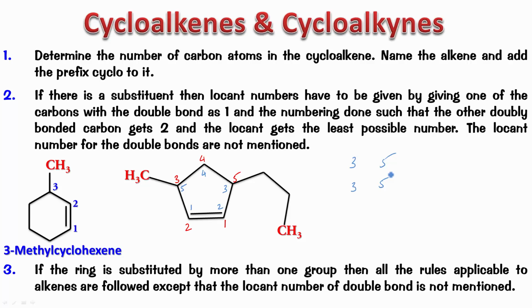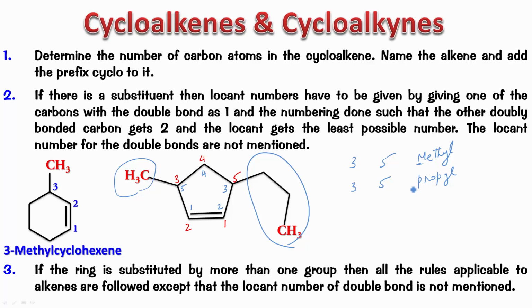So when there's a choice in numbering, since both numbering gives me the same numbers, then I must use the same rules that are applicable in naming a typical straight chain alkene, which says that you must give the lowest number to the substituent that is going to come first alphabetically. So it's going to be chosen alphabetically. Now this particular substituent is methyl. This guy sitting here is propyl.